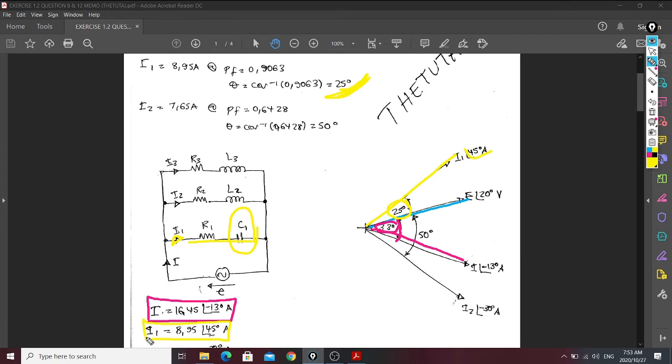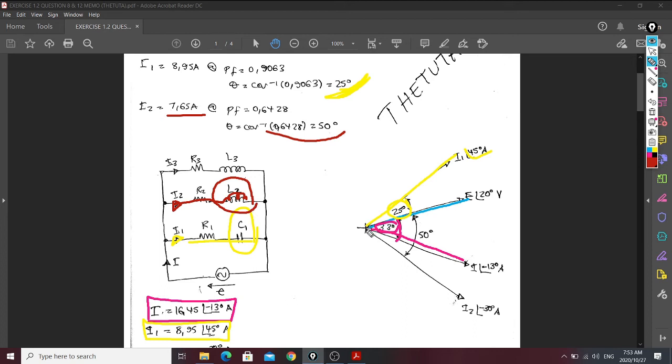Then we look at our I2. For I2, they give us the power factor, but they didn't specify if it's leading or lagging. We go again into the circuit, we see I2 is a combination of a resistor and a coil, and we know that with a coil the power factor is always what? Lagging.